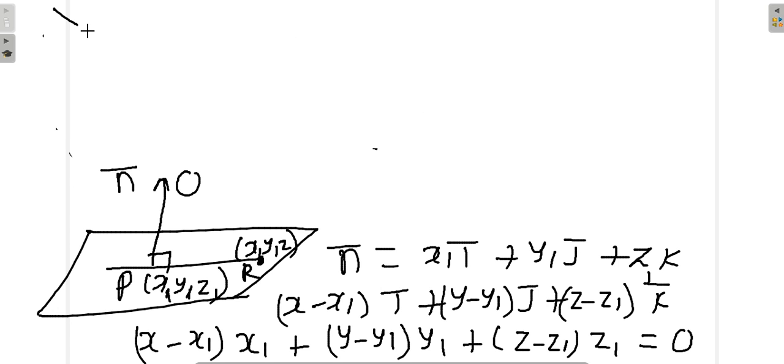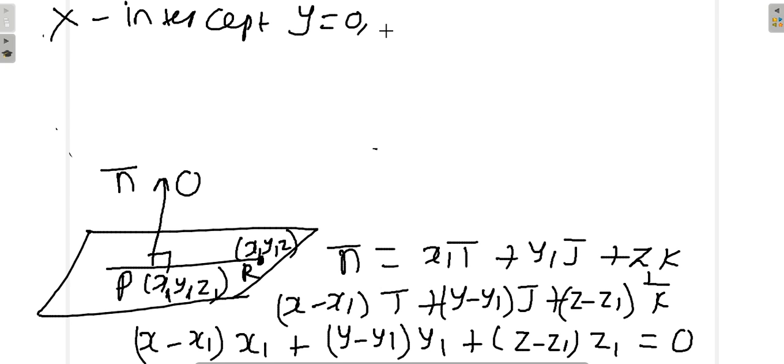So in order to obtain the x-intercept, you put y equal to 0 and z equal to 0 in the equation of plane, and what you will get is, if you put y equal to 0, you will get minus y1 square.